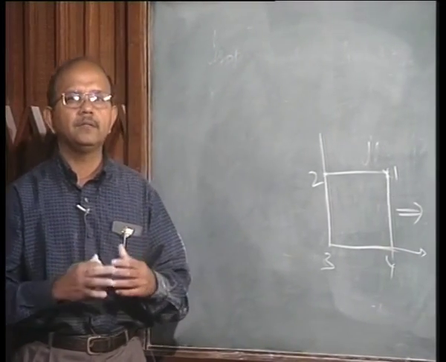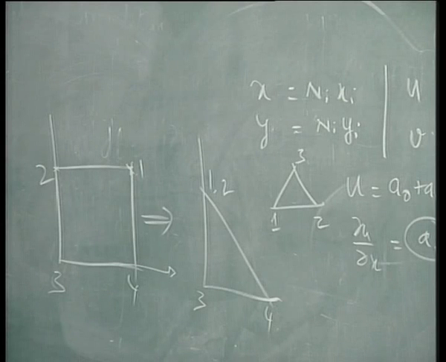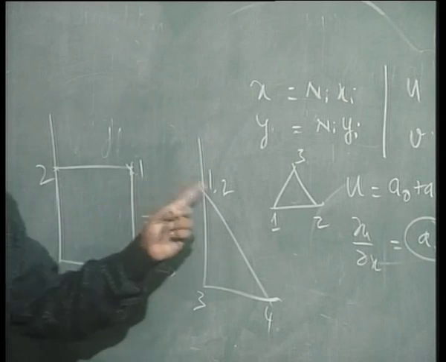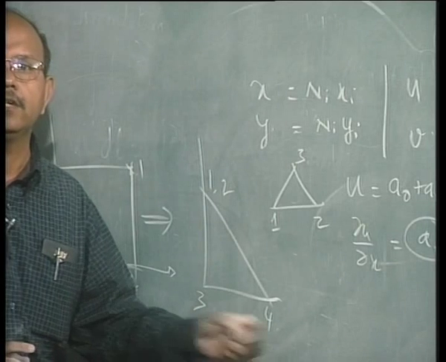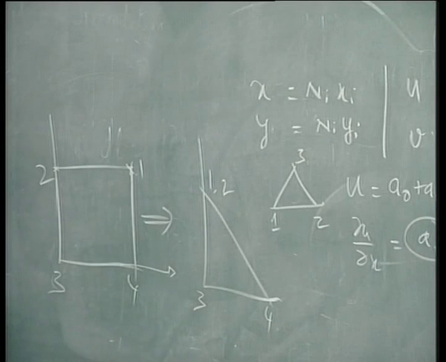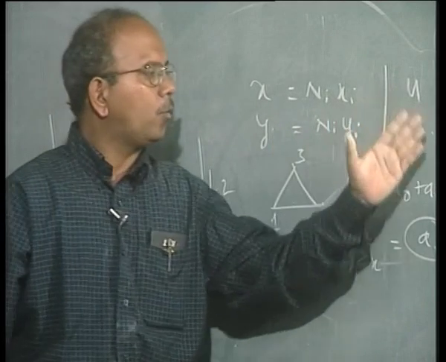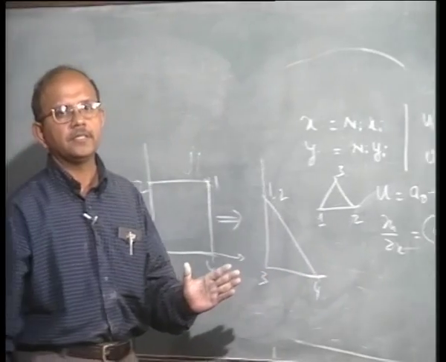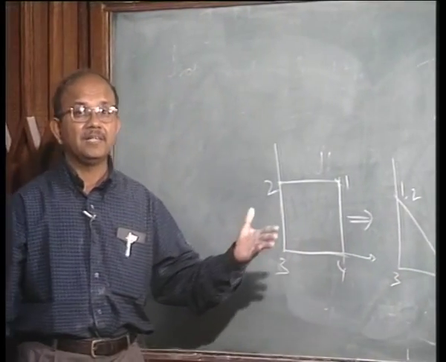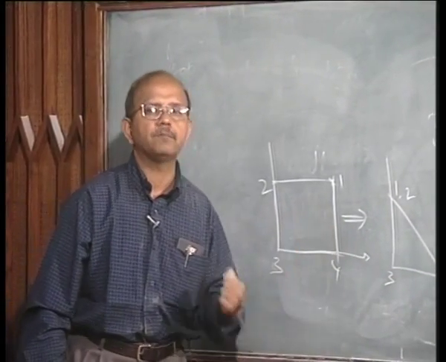So u1 is now the same as u2. In other words, when I do that, what do I essentially get as degrees of freedom? Simple: u2 v2, u3 v3 and u4 v4. So these are the degrees of freedom that I get. So one way of calculating the stiffness matrix is by doing this collapsing business.